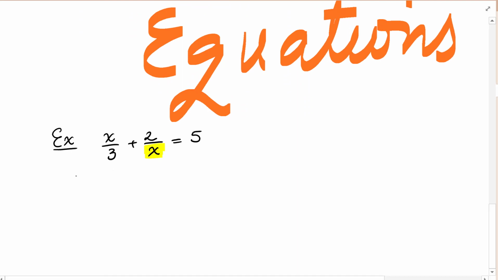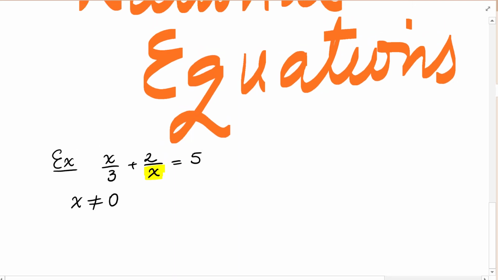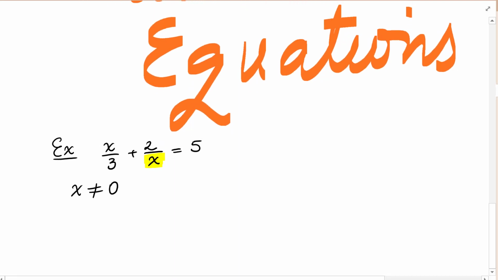So x cannot be 0, right? Or in other words, take the denominator and set it equal to 0, and whatever values you get are not going to be valid solutions because the denominator is going to be 0 and it's undefined. So x cannot be 0.